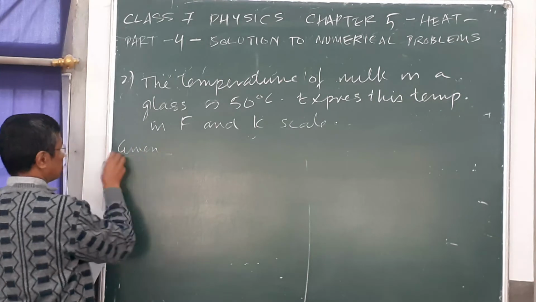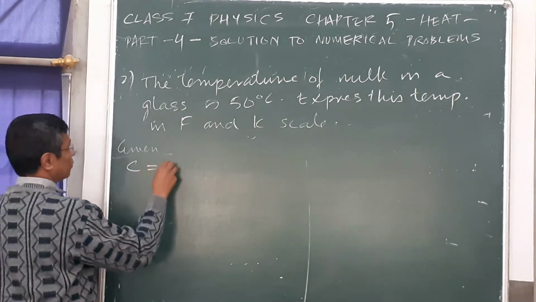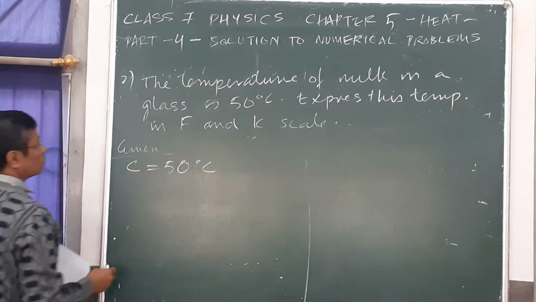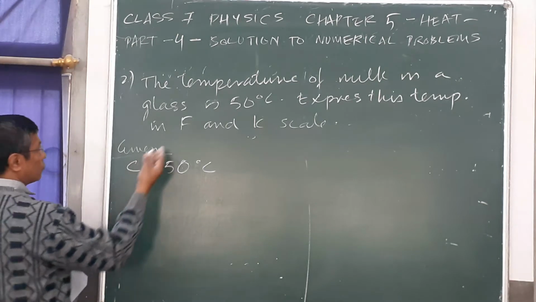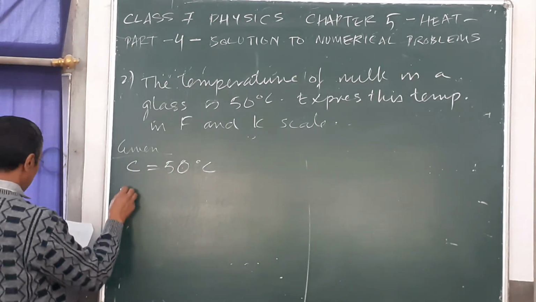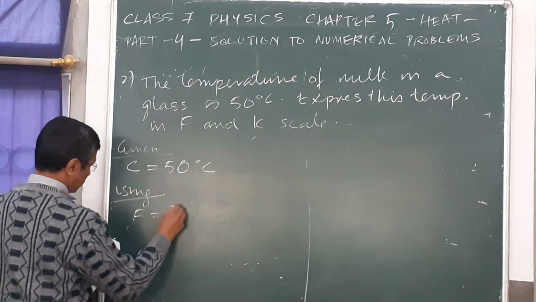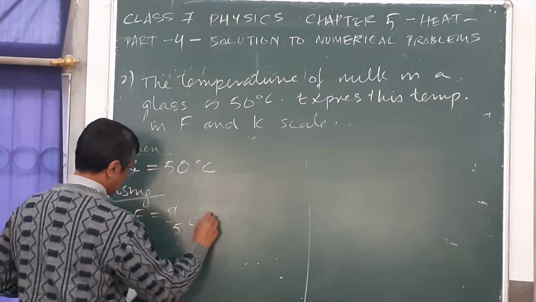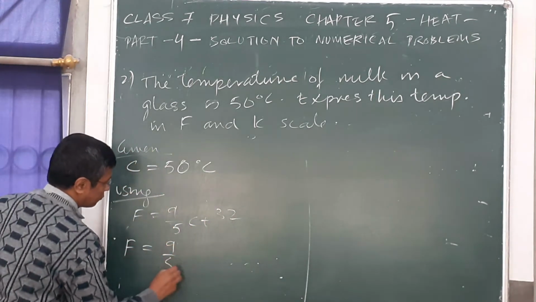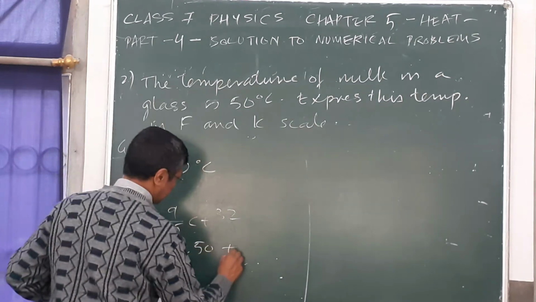So, in this question, the value that is given to us is 50 degrees centigrade, and that is the temperature in Celsius scale. Now, we will first convert the Celsius scale into Fahrenheit scale, which is by using the formula F is equal to 9 by 5 C plus 32. Now, let us substitute. F is equal to 9 by 5 into C, which is here in this case 50 degrees centigrade, plus 32.